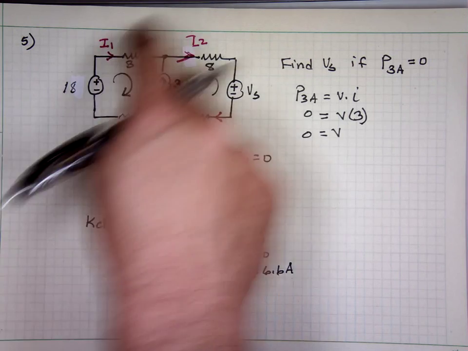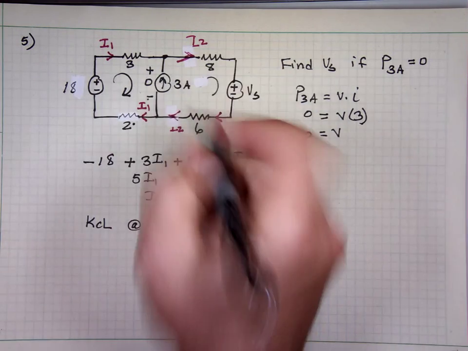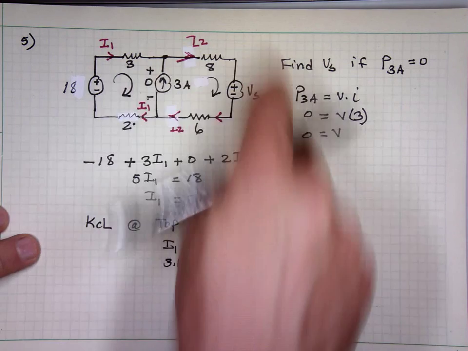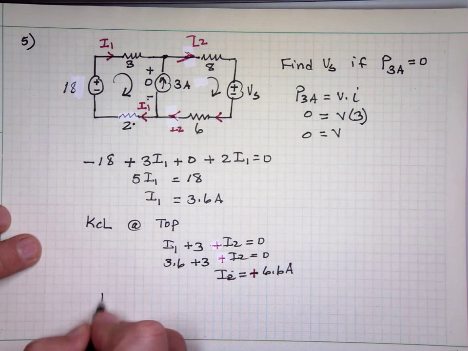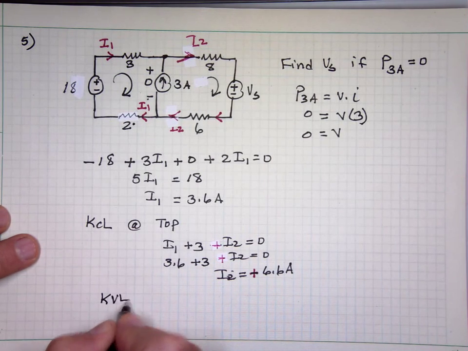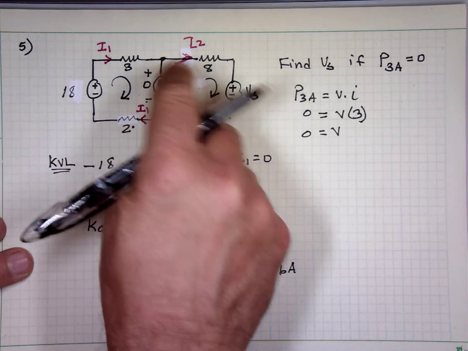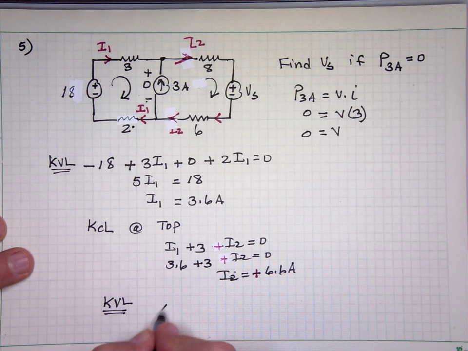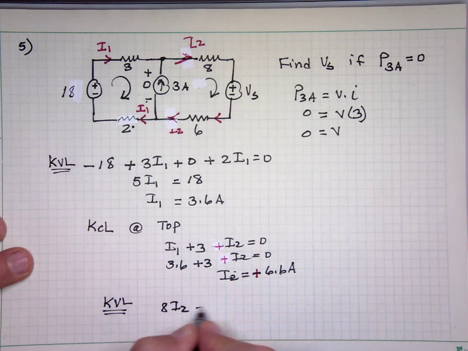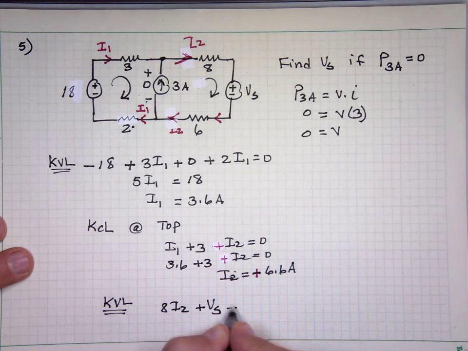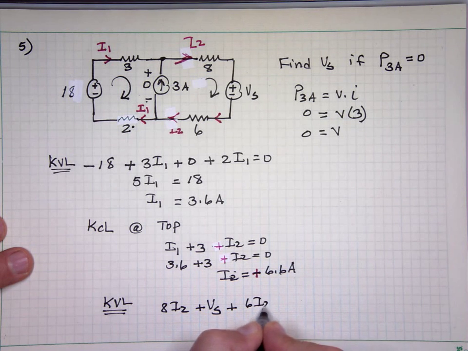And let's do KVL on this one. Let's travel this way. Start from here. 8 times I sub 2 plus VS plus 6 times I sub 2 plus 0 is equal to 0.